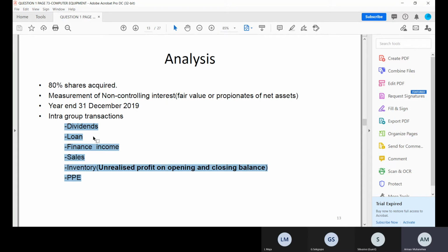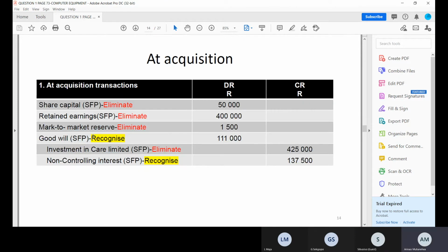And there's since acquisition, and the current year. Those are the three dates you need to deal with in the analysis of equity. First, let's look at acquisition. I did it using the journal, but I just want to explain, then we'll go to the analysis and see how these figures are presented.